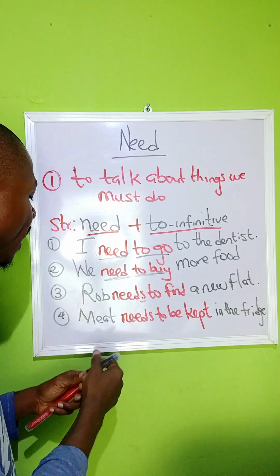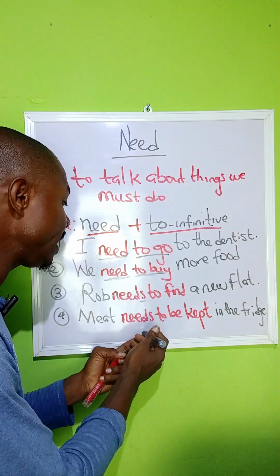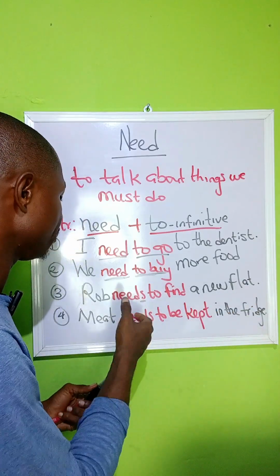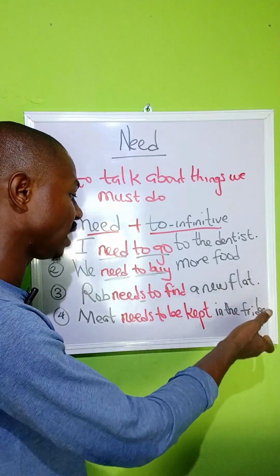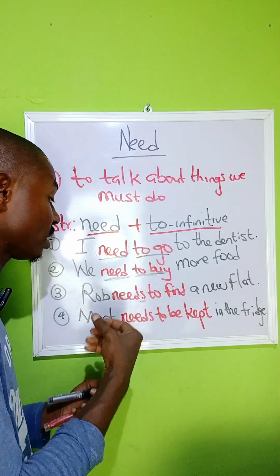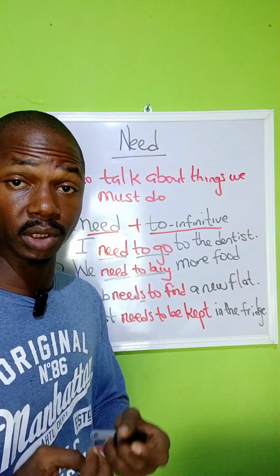We also have meat needs to be kept in the fridge. You can say it needs, he needs, the third person singular.